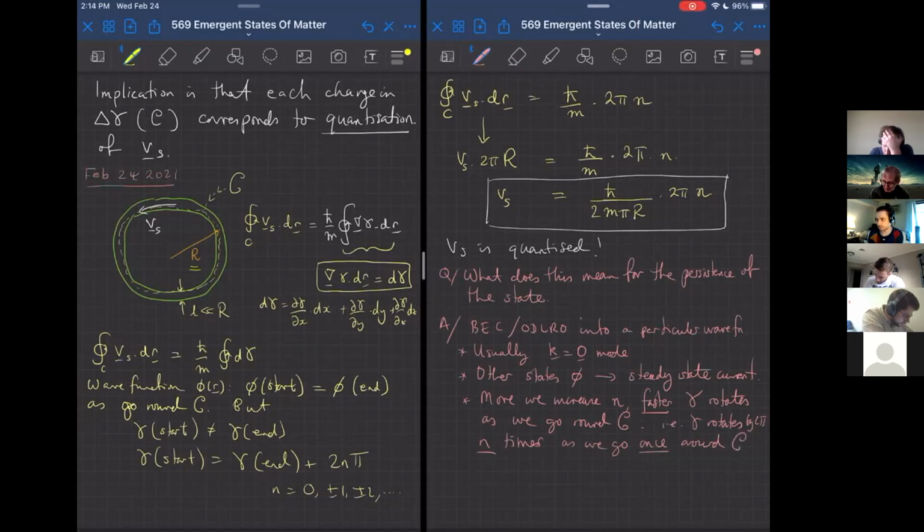And so what is the implication of that? Well, the implication is that if I were to compute the gradient of the wave function, this gradient, or really grad phi squared, is going to be increasing with n. Because it's increasing, that means that I've got more gradient terms. So then I compute the actual energy. That means that these states will have higher energy.